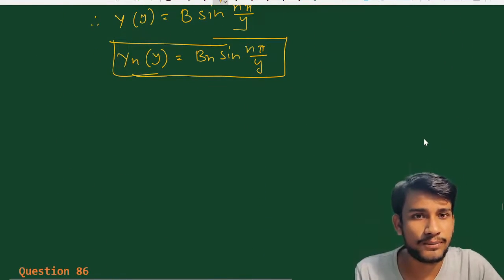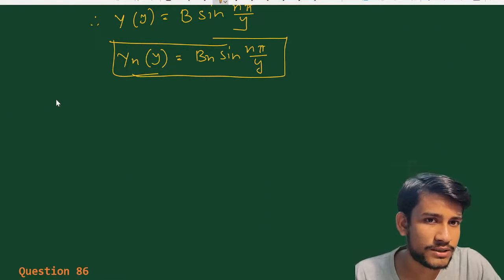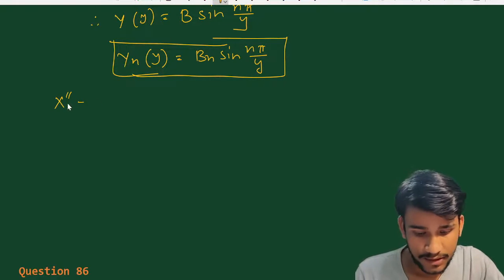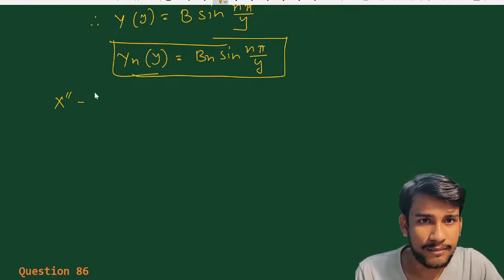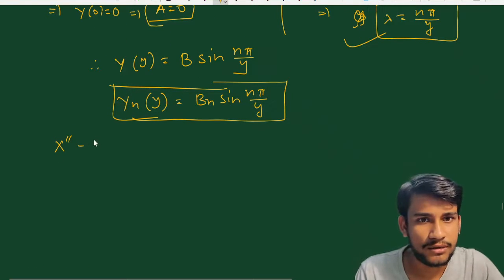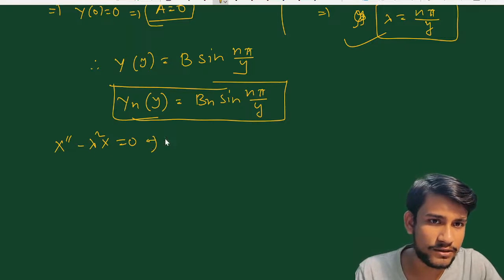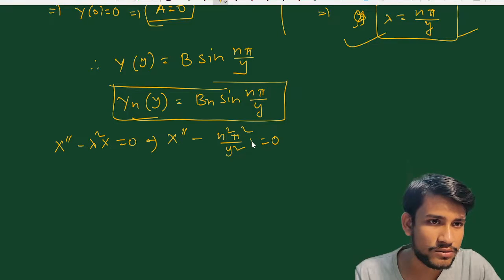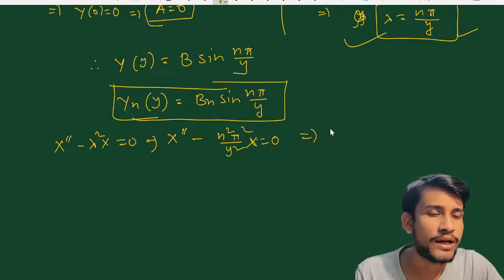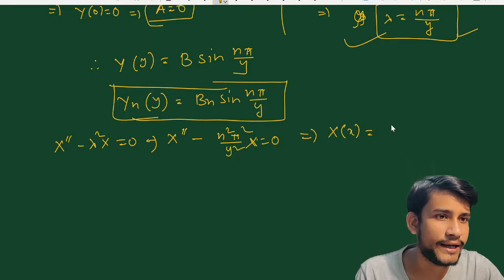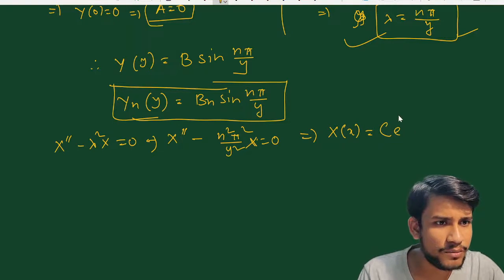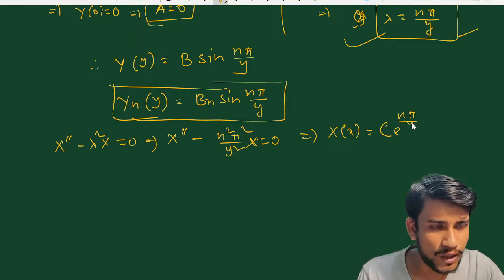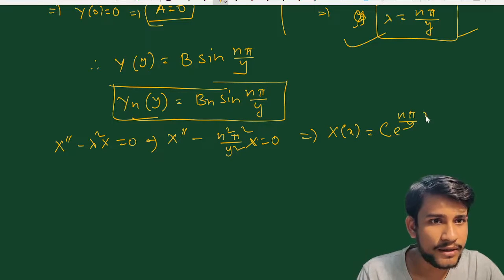So now, look at what the equation was: x double dash minus lambda square into x is equal to 0, and if we put the value of lambda from here, then we get x double dash minus n square pi square by y square x is equal to 0, and the solution is of the form x is equal to, suppose, c e to the power n pi by y into x.